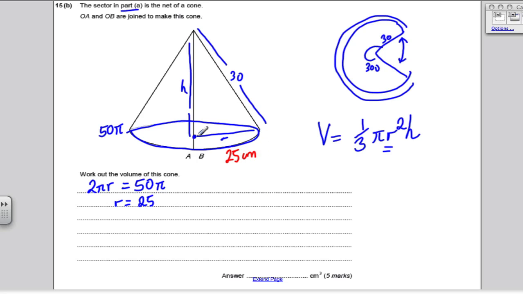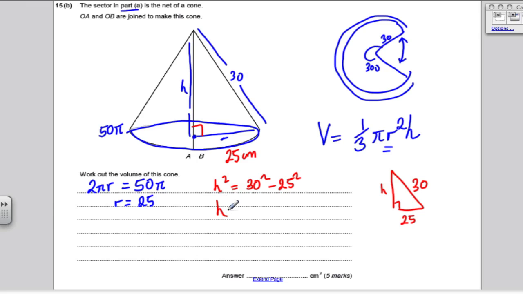Now we can work out h, because we've got a right angled triangle here with hypotenuse 30, base 25, and unknown perpendicular height h. So to get h squared would be 30 squared take away 25 squared.